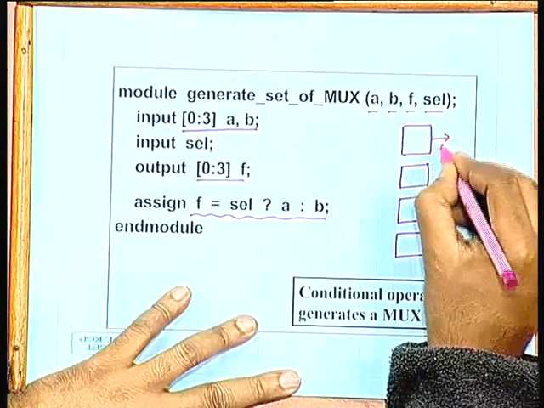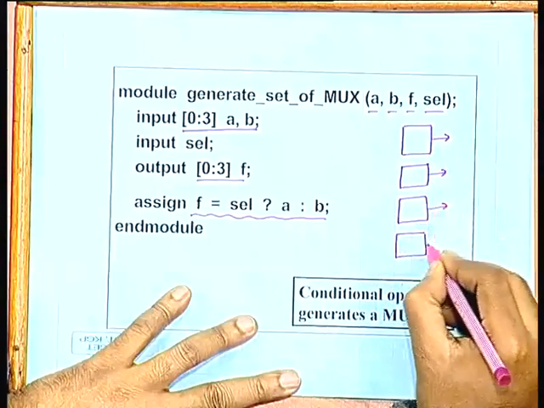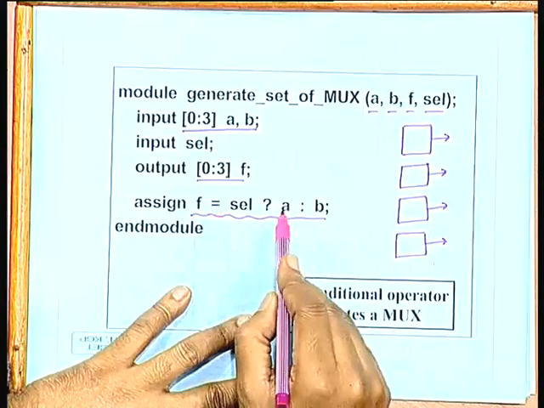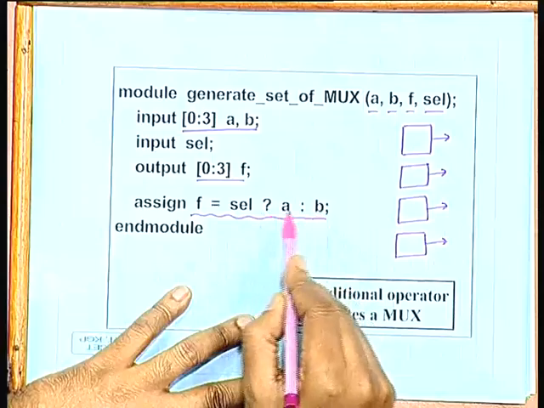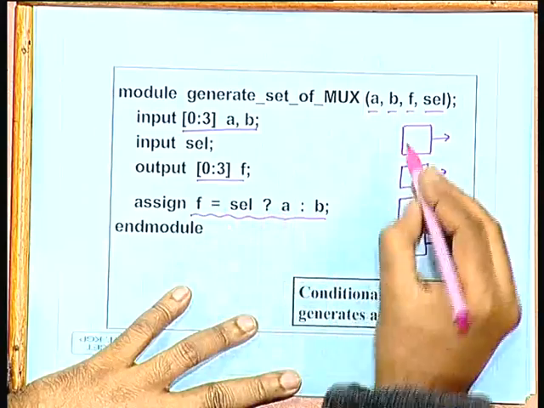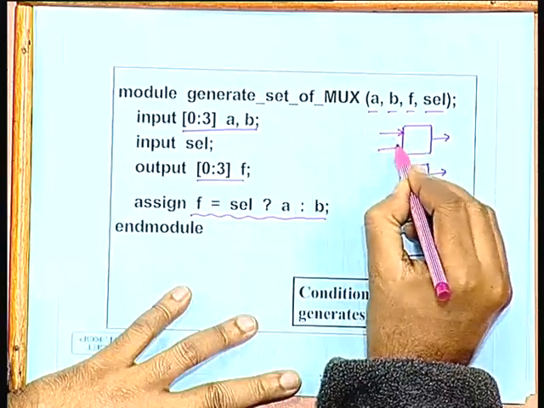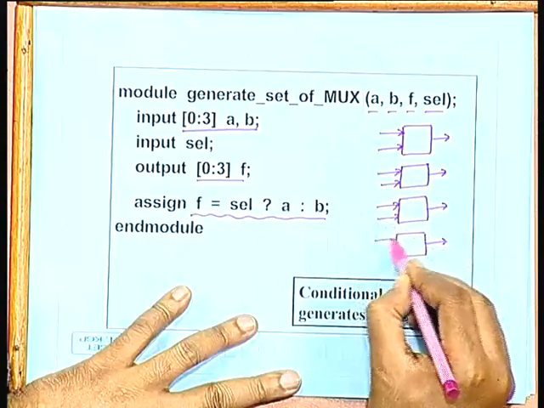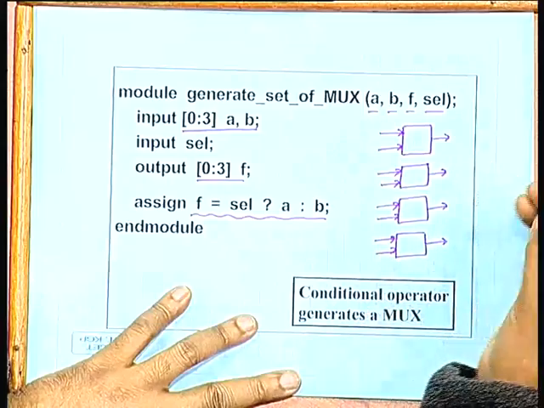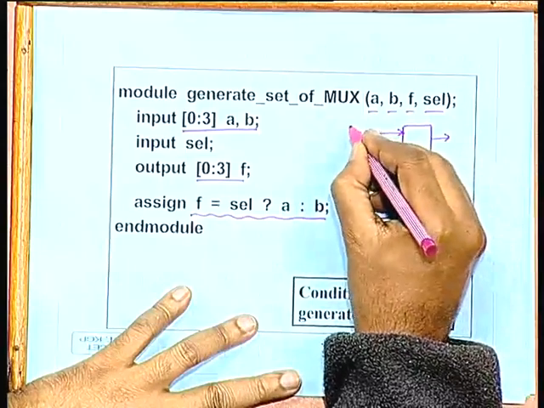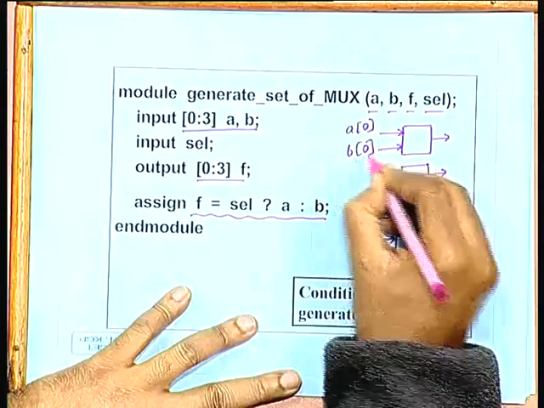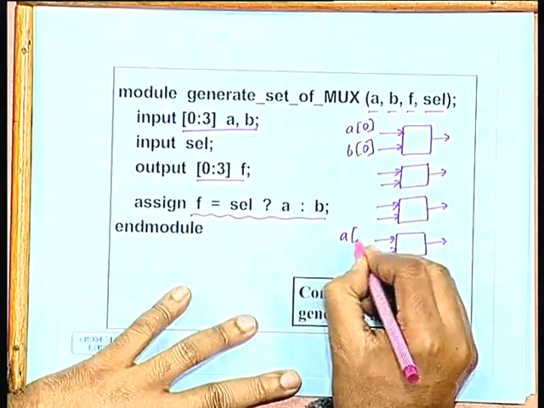So, these multiplexers will all be 2 line to 1 line multiplexer, because this if is selecting 2 things, and out of these 2 things is selecting one of them. So, each of them will be having 2 inputs. So, basically this will be A0 and B0, A1, B1 and so on, A3 and B3.